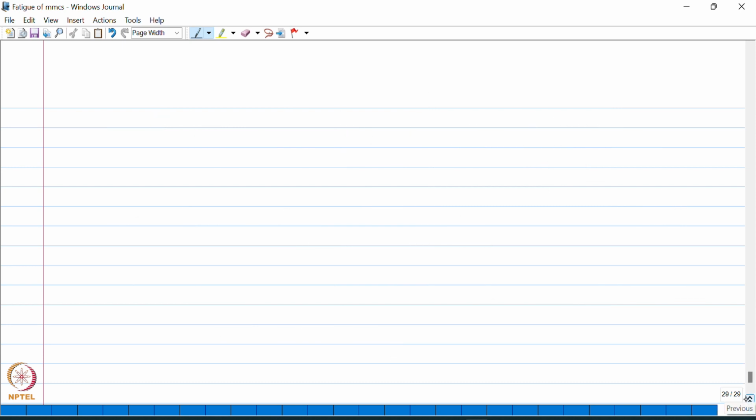For example, the first kind of behavior was exhibited by this composite, 2080 aluminium with 15 volume percent silicon carbide particles in T6 condition.